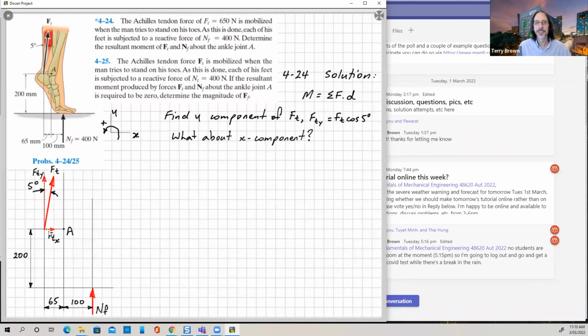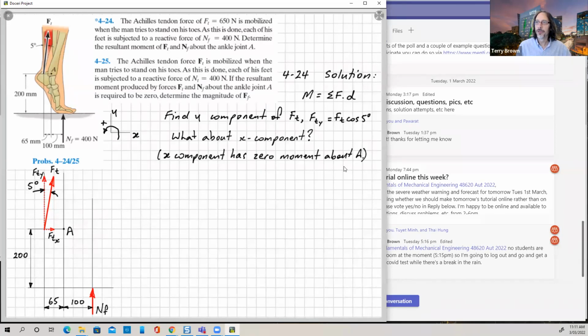It's this distance here, 65. But that important bit of information is often left out when we say, what's the moment of a force? Force times perpendicular distance. Perpendicular distance to what? You need to have that full understanding to make sure that you analyse the moments correctly.